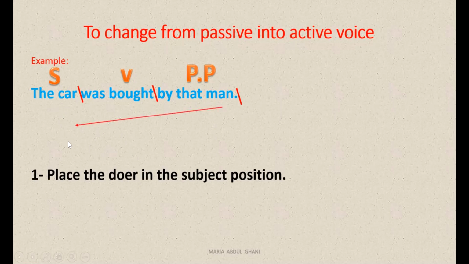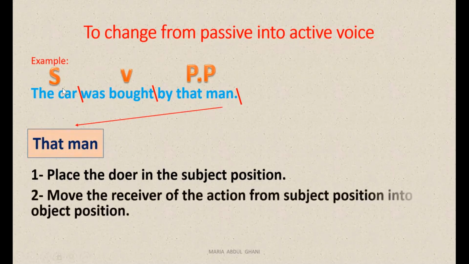Here, you have to put it at the beginning of the sentence if you are going to change from passive into active. Here, that man, you start with him. Number 2, you have to move the receiver of the action from the subject position. You have to return it back to the object position. Here, this way.